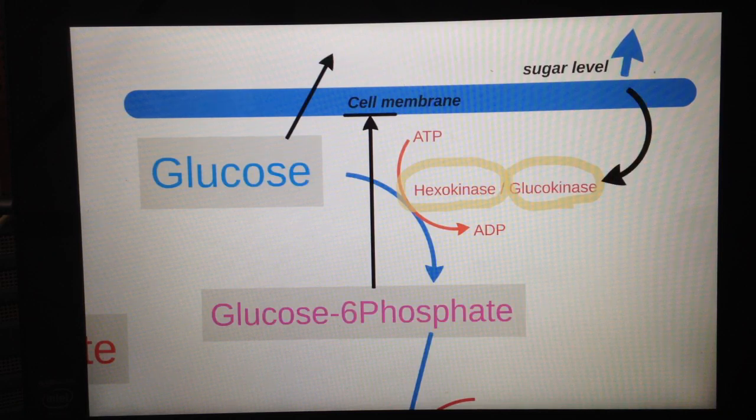Okay? I'm going to be talking about glucokinase. Glucokinase is a very important enzyme because basically it does the same thing as hexokinase. However, it has many added properties which make it better at controlling the rate of glycolysis. When the sugar level is high inside the blood or outside the cell membrane, the glucokinase starts to act.